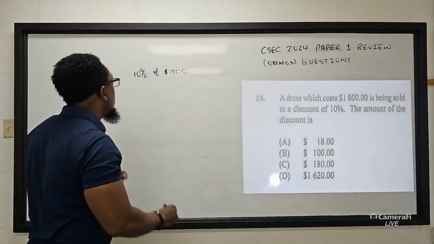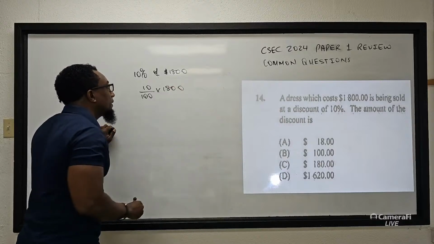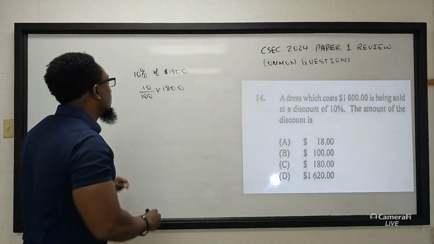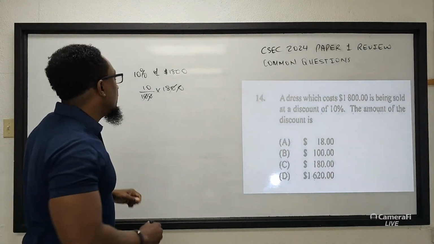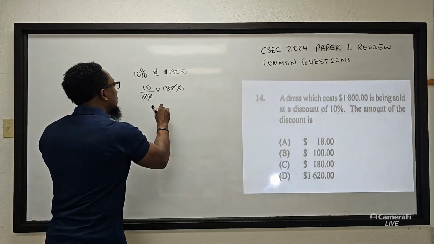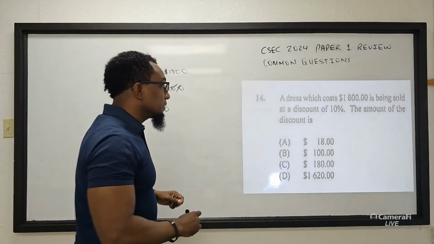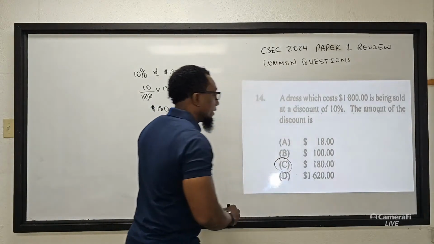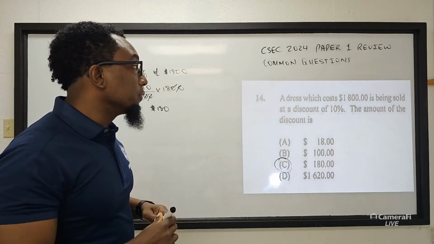So that will be 10 over 100 times 1,800. My 2 zeros cancel. 18 by 10 will give us $180. So that will be your discount, whose answer is C. They didn't ask the discounted price, they asked the amount of the discount.